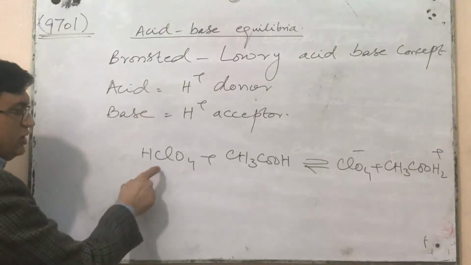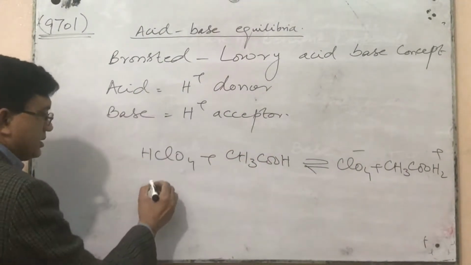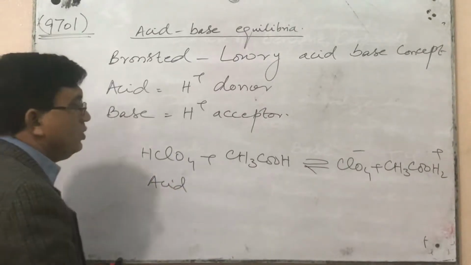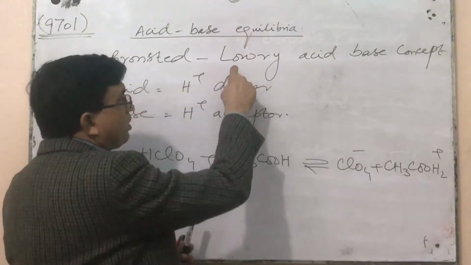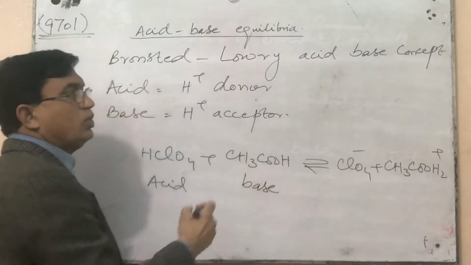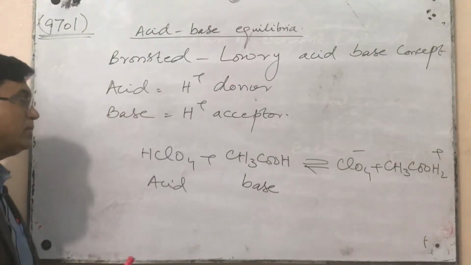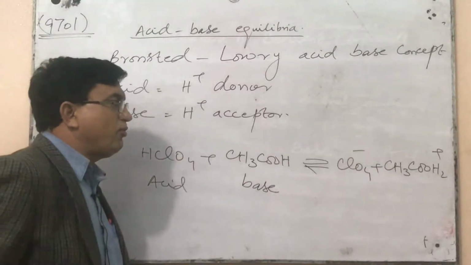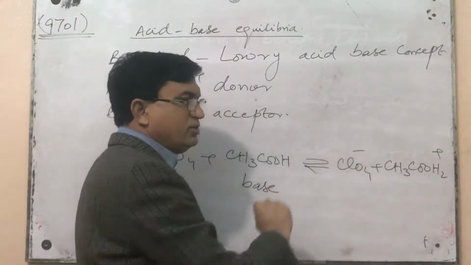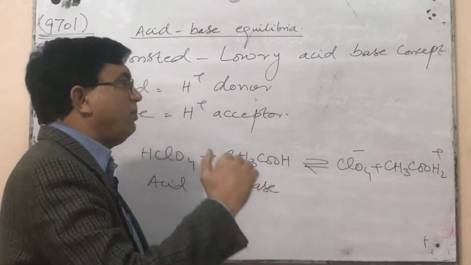The substance which has given the proton is called an acid. And those substances which have accepted a proton, according to this concept, are bases. Actually we know that this is also an acid. But what happens after the transfer of proton? Now, this is the species which has a negative charge and has the capability to accept the proton.